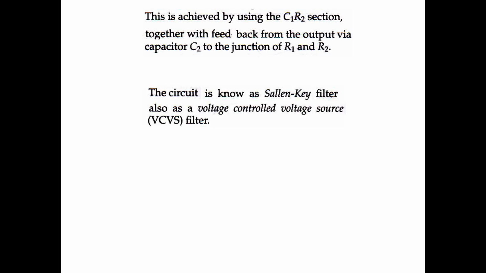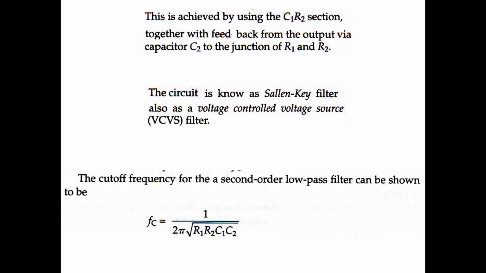This is achieved by using the R1C1 and R2 section together with the feedback from the output via capacitor C2 to the junction of R1 and R2. The circuit is known as the Sallen-Key filter, also known as a voltage controlled voltage source filter, or VCVS filter.